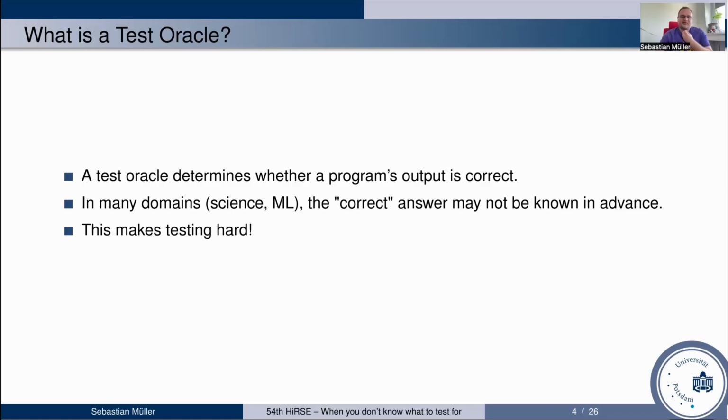The problem that we're facing is, when we have our domains, especially science and machine learning, knowing what correct actually means for our program may not be as easy a question to answer. It may not always be known in advance. And this is what makes testing really, really difficult in many situations, particularly in science and research software.